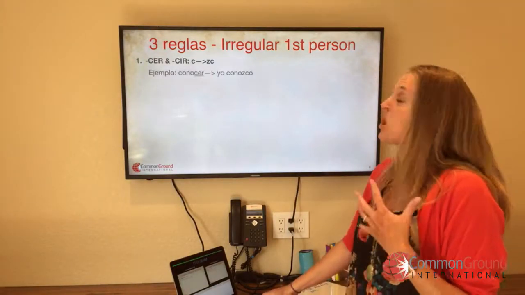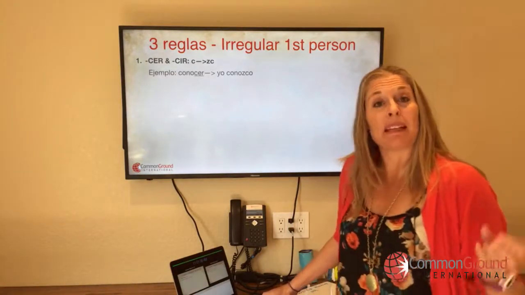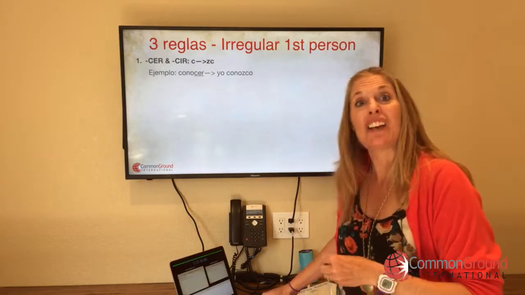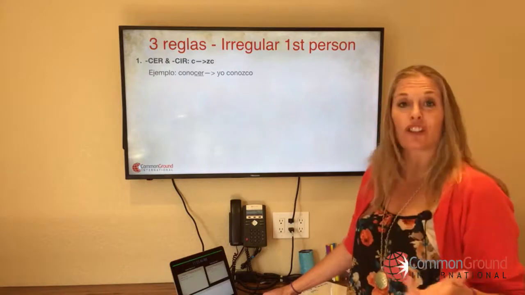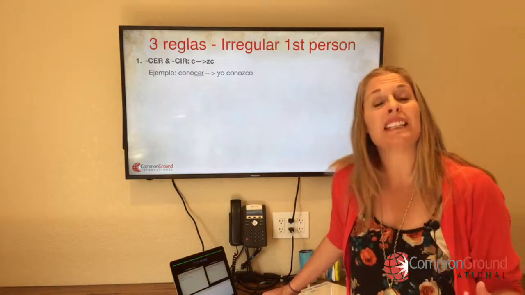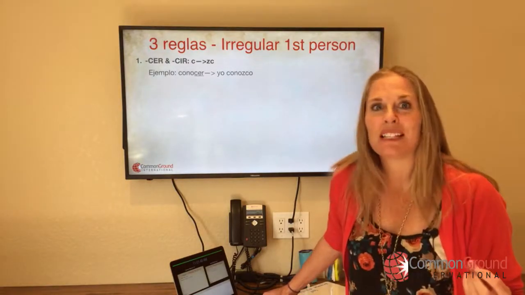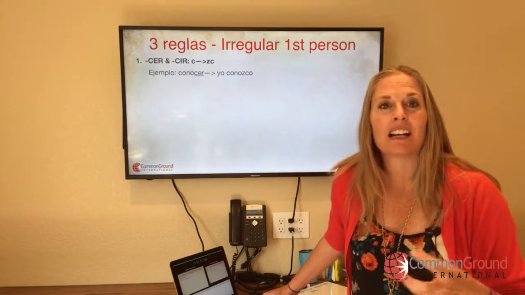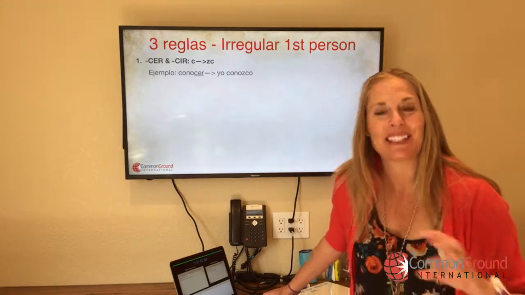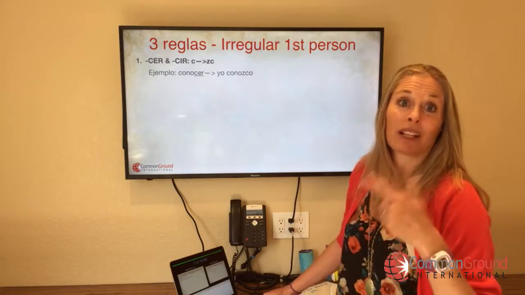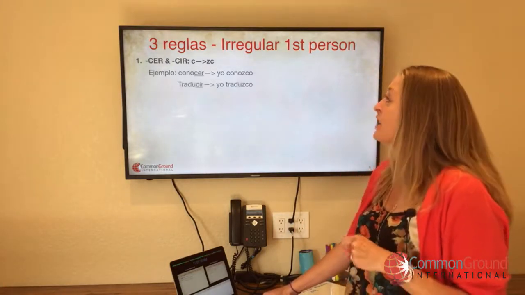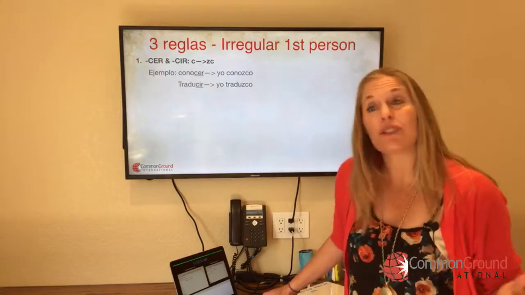Por ejemplo, conocer termina en CER, so that C is going to cambiar a ZC. Conozco, yo conozco. And the reason why it's muy difícil to preserve the sound of conozco, it sounds really funny. So they add a Z in there to preserve the sound for la pronunciación, okay? Traducir, yo traduzco.